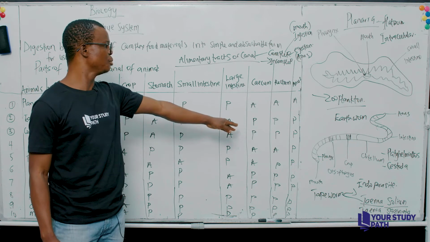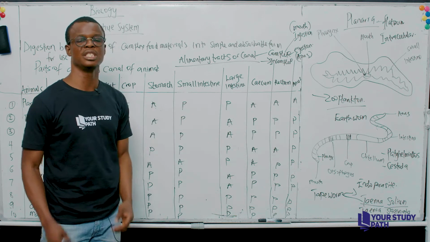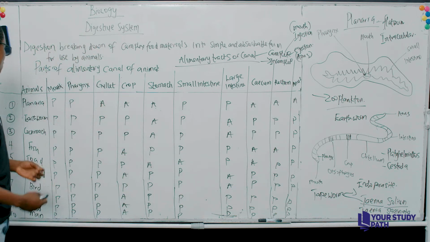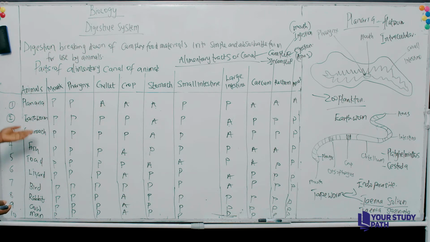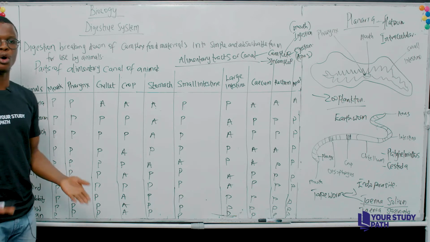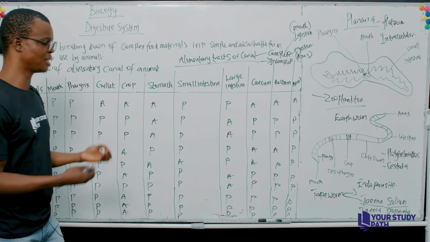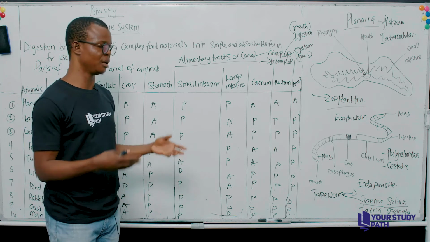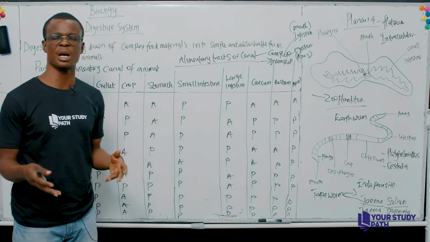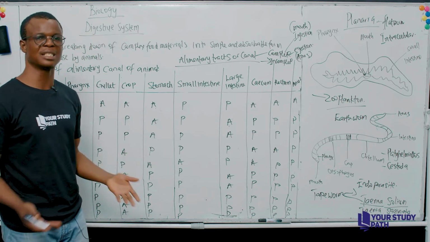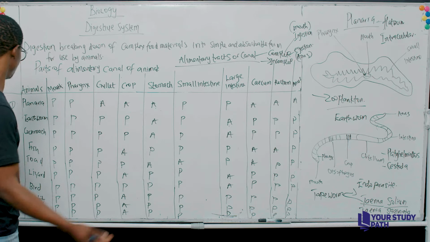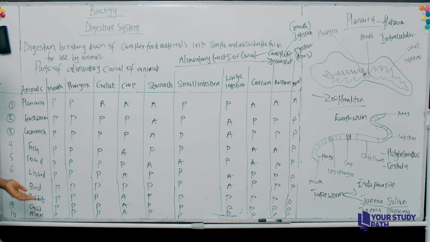You have the cecum, you have the rectum, and you have the anus that is responsible for egestion of food. Cockroach feeds on papers and materials, like stationery materials at home and whatnot. That is literally what cockroach feeds on. For fish, fish has a mouth.